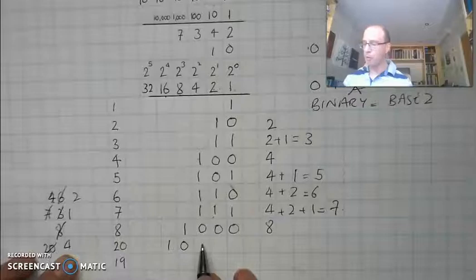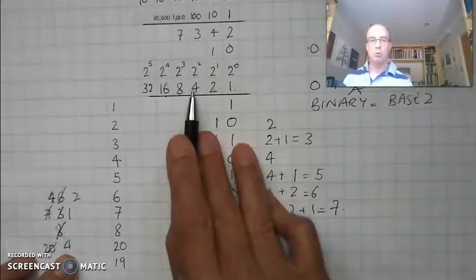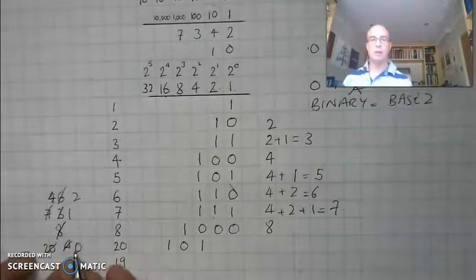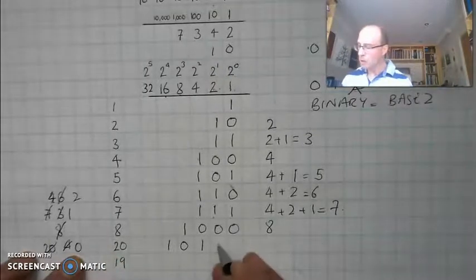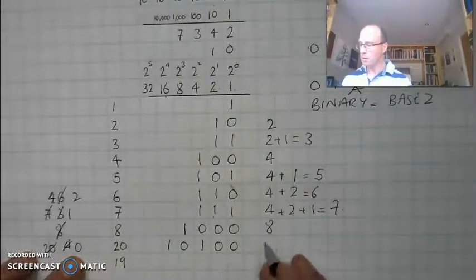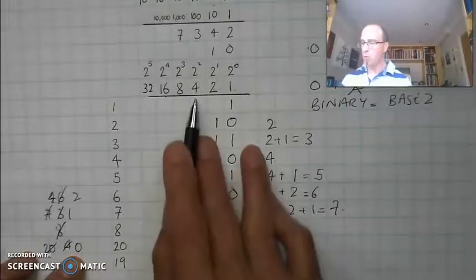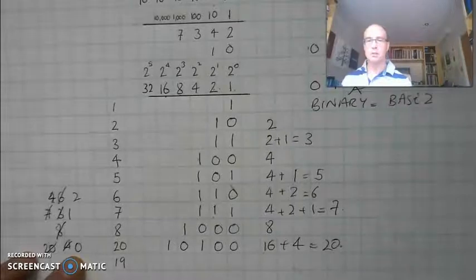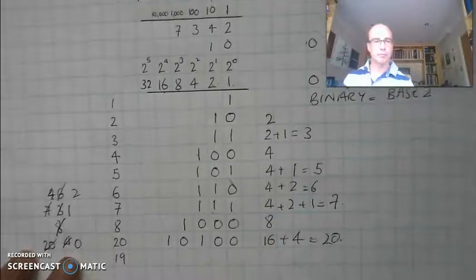But I can put a 4 over here. 4 will fit, and I'm down to 0. I've used all my numbers up. So I just then need to remember my two placeholder values of 0. So I've got 1 16, I've got 1 4, and that gives me my 20 that I'm looking for.